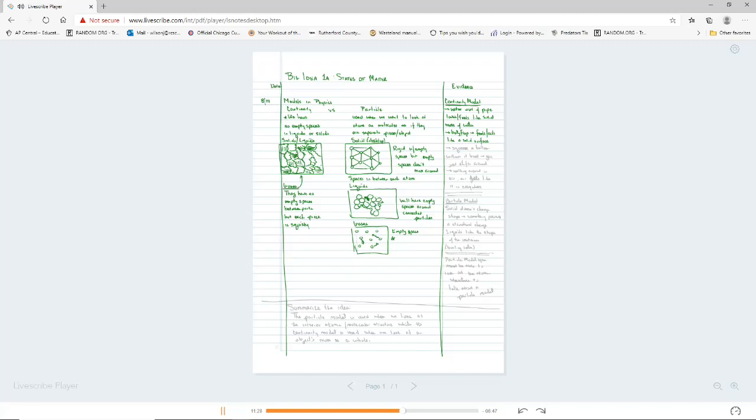You don't feel any compression or softness to the water. And gases, when you look at gases, you can squeeze a balloon without it bursting, and it feels like the air or the gas or whatever you have in there just shifts around.